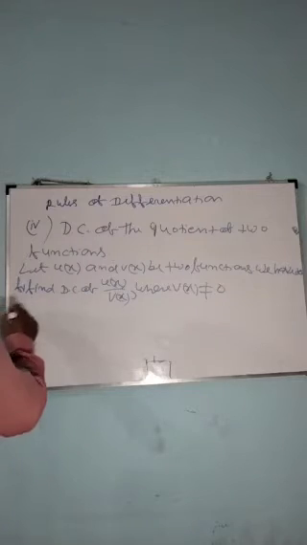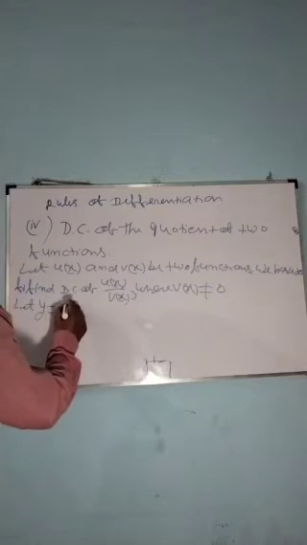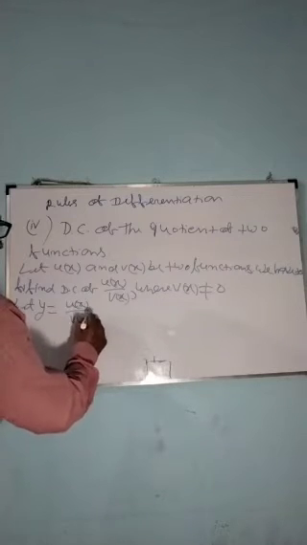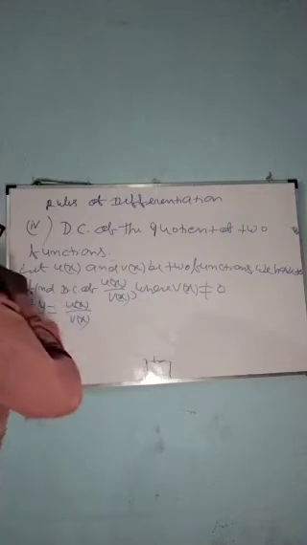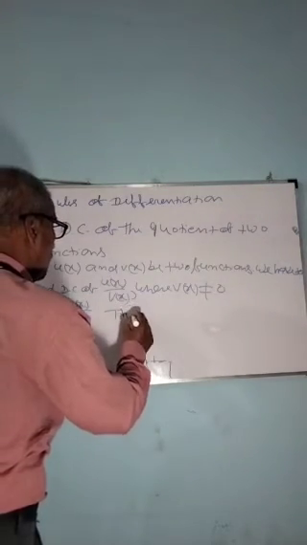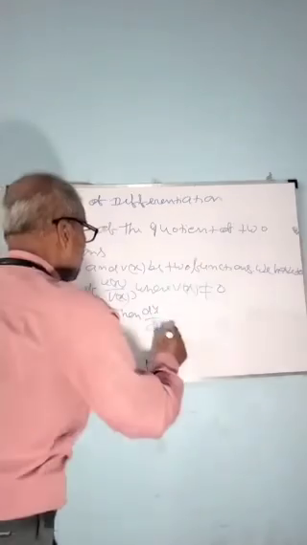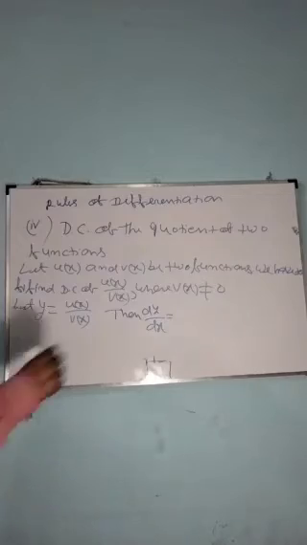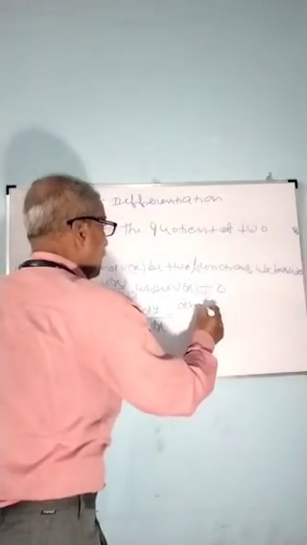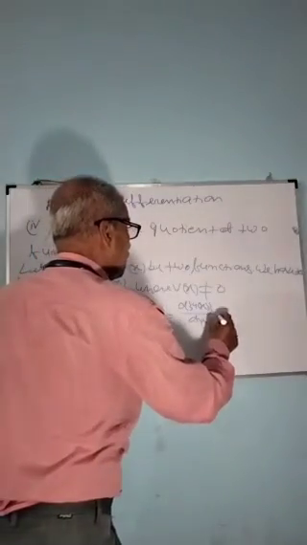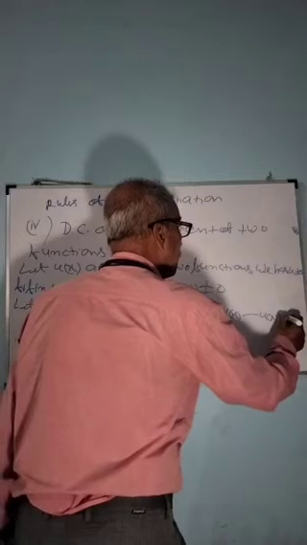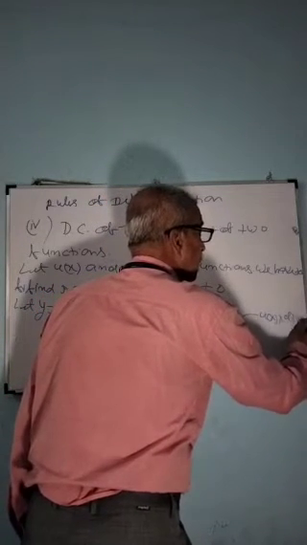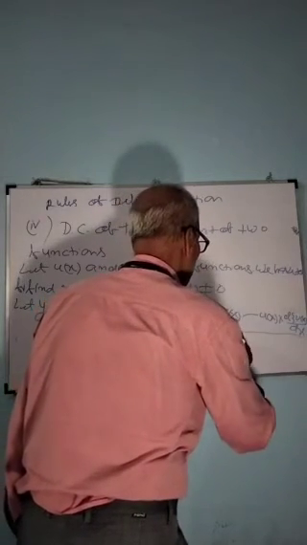Now let y is equal to u(x) by v(x). Then dy by dx is equal to du(x) by dx into v(x) minus u(x) into dv(x) by dx, by v(x) whole square.